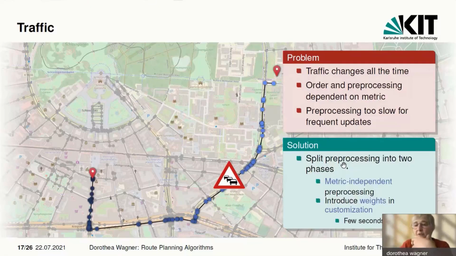And the idea or the solution is the following. Let's concentrate on the pre-processing and let's analyze which part of the pre-processing really depends on the metric, and if there are, on the other hand, parts of the pre-processing that do not depend on the metric.